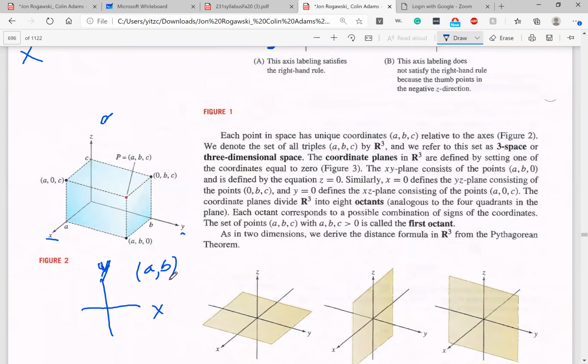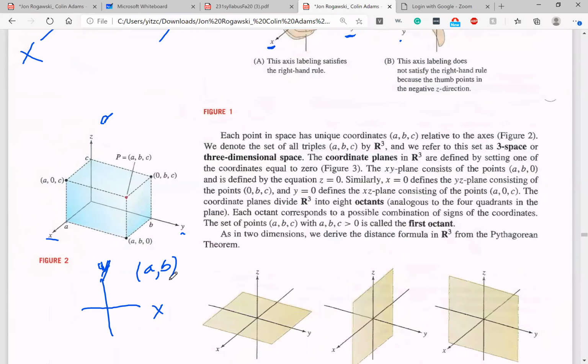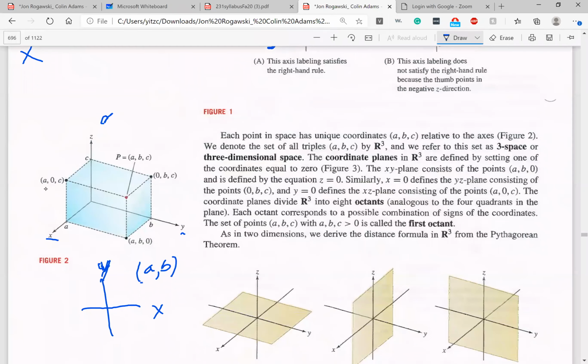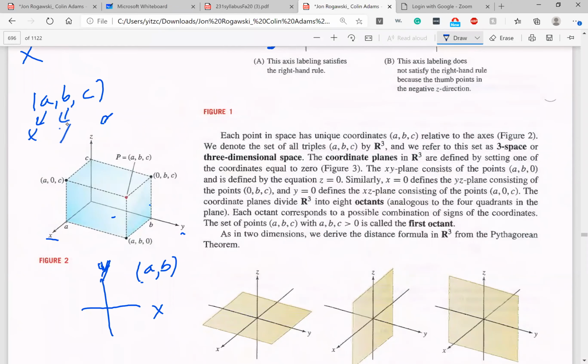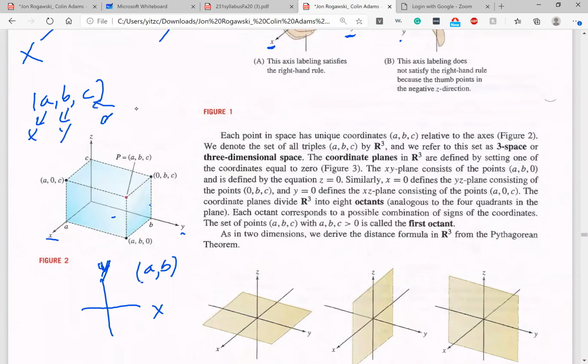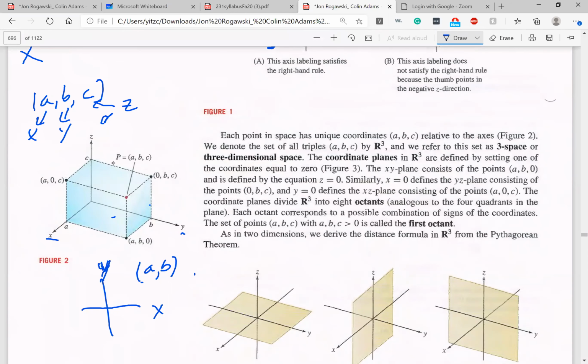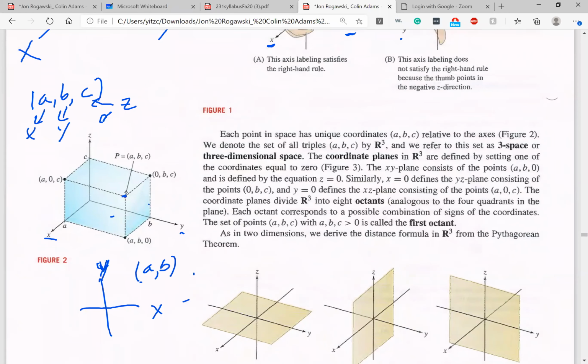So now that we're in 3 dimensions, our coordinate system will have A, B, and C. And the A is the x coordinate, B is the y coordinate, and the C over here is your z coordinate. So over here, P is this point over here, and it has its A, B, and C.